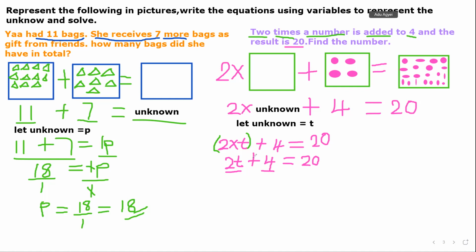What you subtracted from here must be repeated on the other side. So you group like terms by subtracting 4 from both sides.